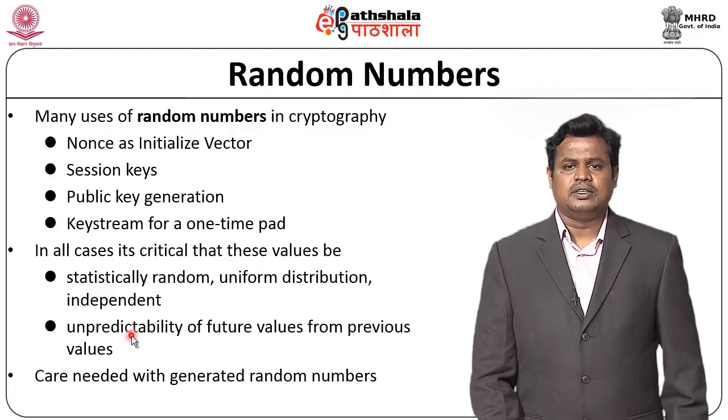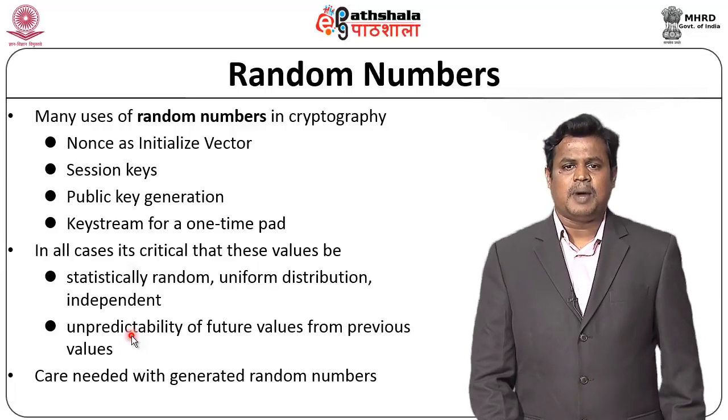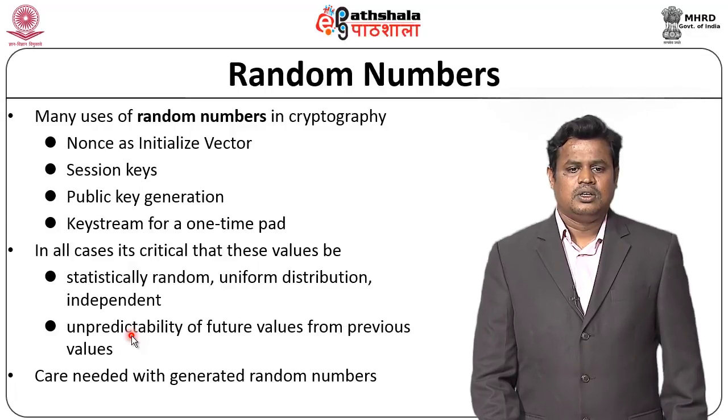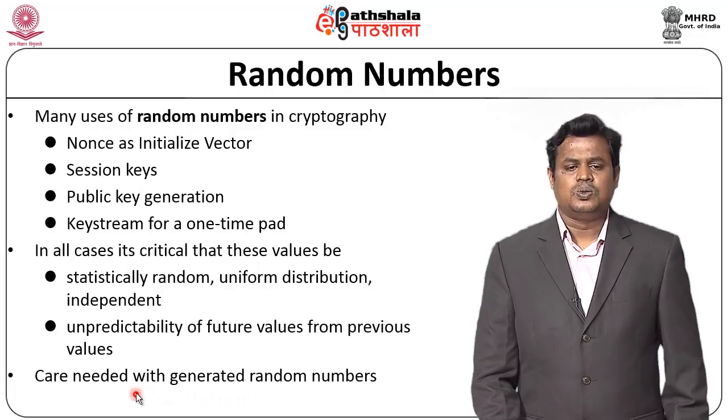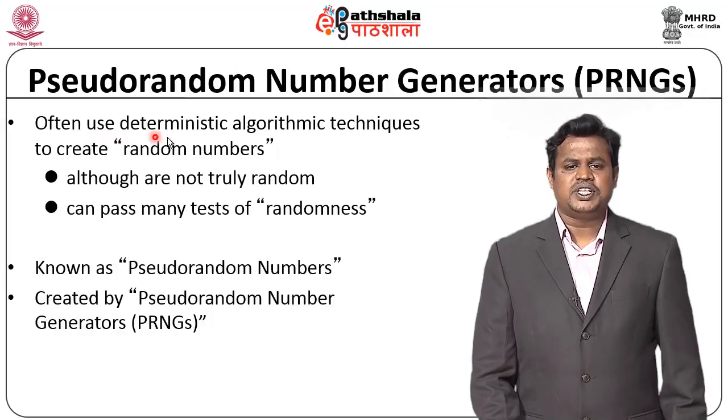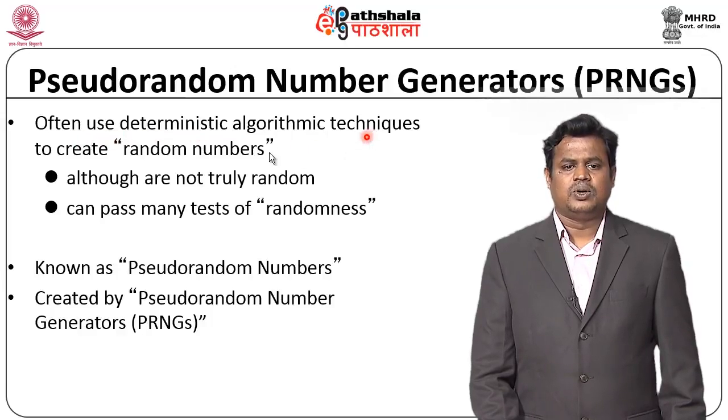So, unpredictability. When I take one random number, in future I should not be able to guess a pattern that may occur in the generation of the key. So, it is necessary to take care during the generation of random numbers. In this case we are using a pseudo random number generator, which often uses a deterministic algorithm technique to create random numbers.